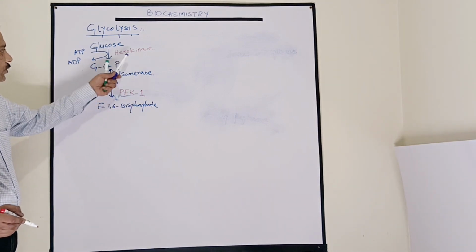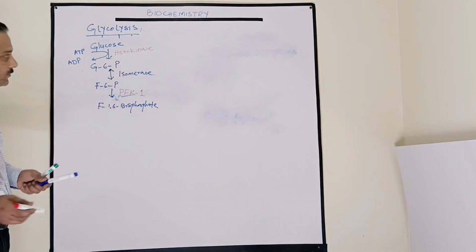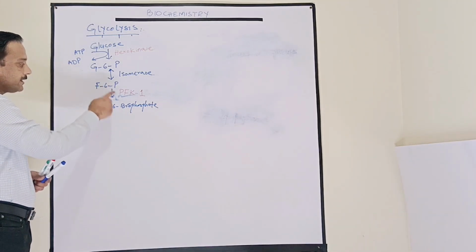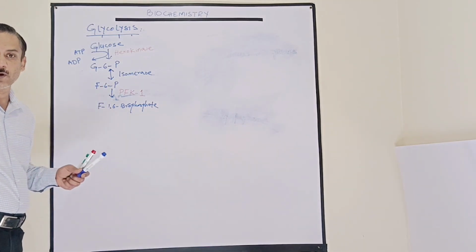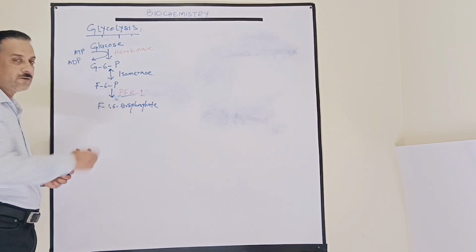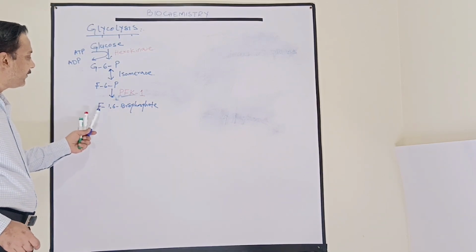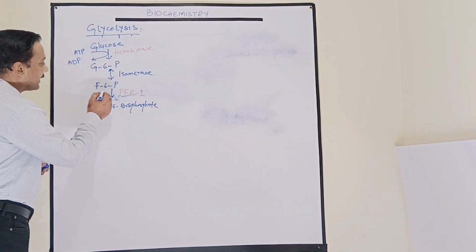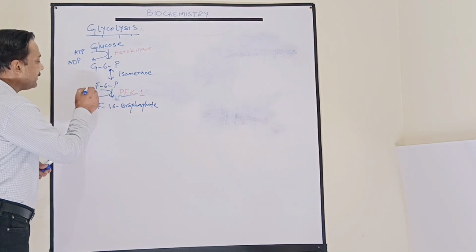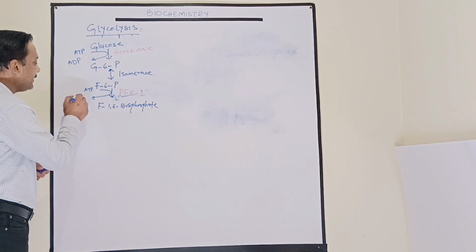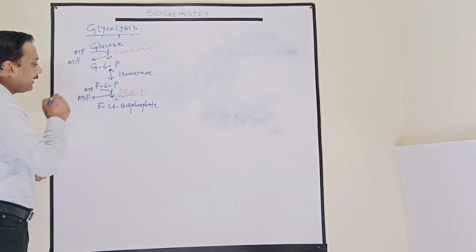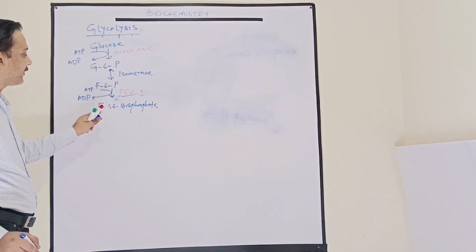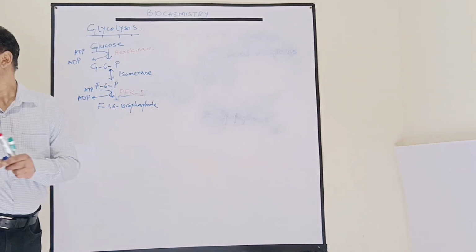As I told you, kinases are responsible for phosphorylation. We already have a phosphate group at position number 6. Now, at position number 1 of this molecule, one more phosphate group is attached, and it becomes fructose 1,6 bisphosphate. In this case, again, one molecule of ATP is converted into ADP, and the phosphate which is released is incorporated here.